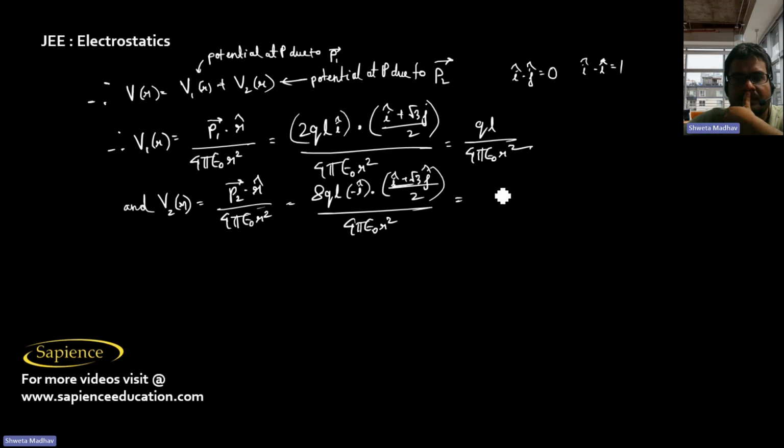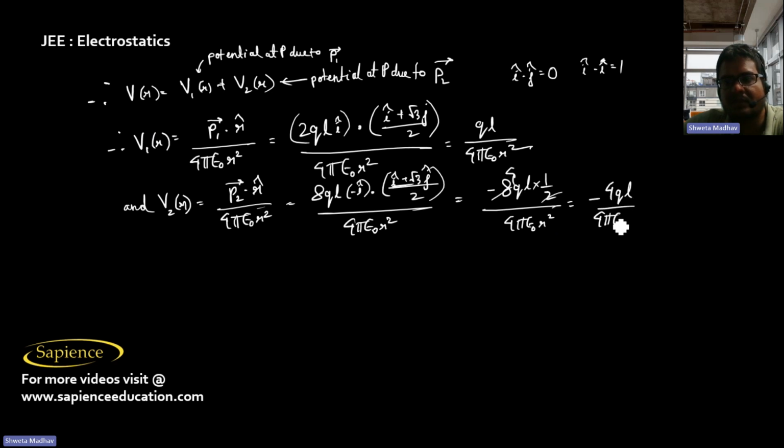So this will be minus 8QL into half divided by 4 pi epsilon naught R square. So this will be minus 4QL by 4 pi epsilon naught R square.